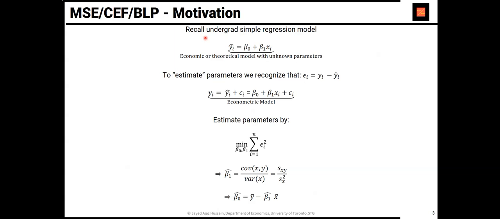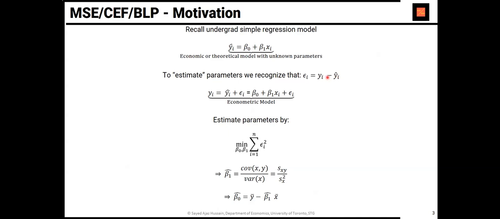You remember your good old undergraduate simple OLS model. Somebody wrote down an econ model, and then you had the story that in real life the model doesn't fit, it's not perfect, there are unexplained or omitted factors. So there's always an error between the actual value of y in real life and what the model says it should be, which is y hat.